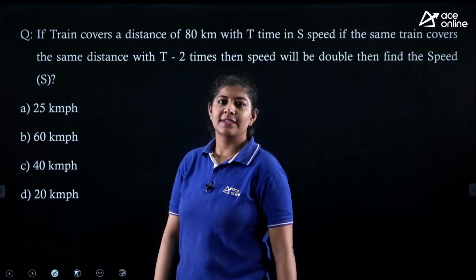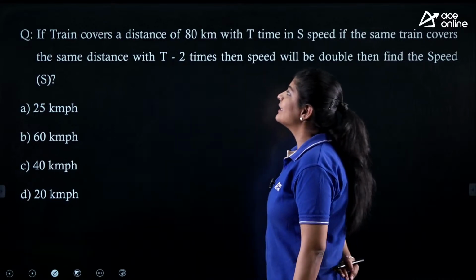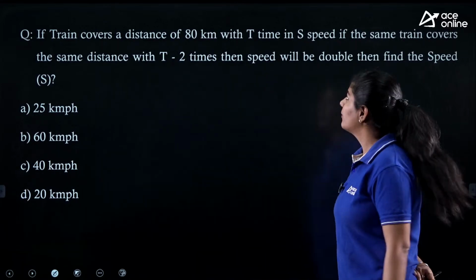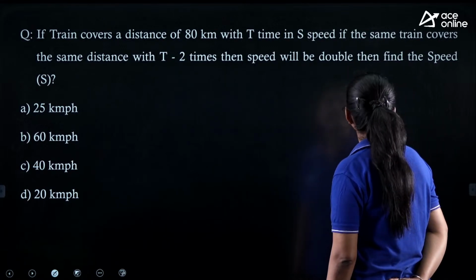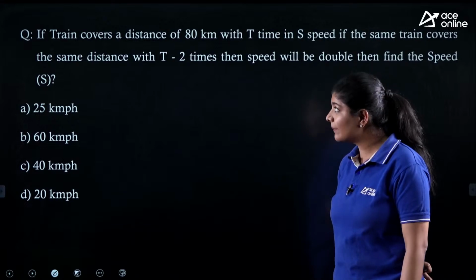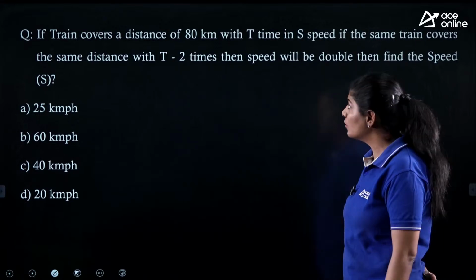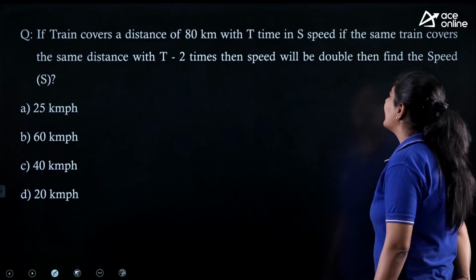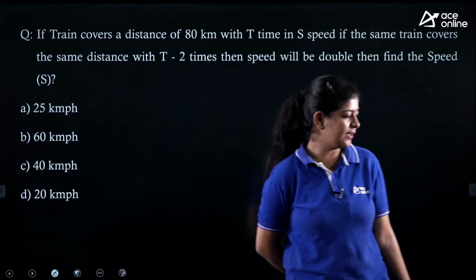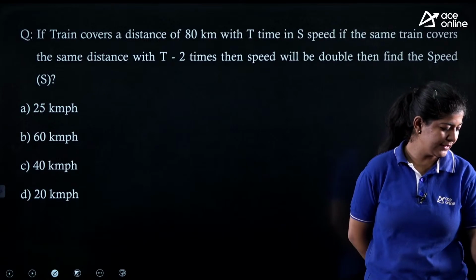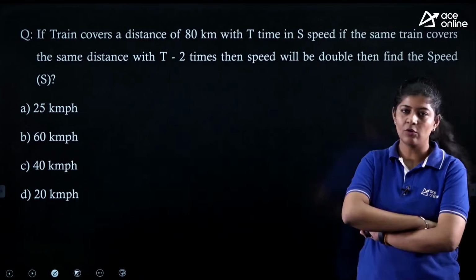The next question says that if a train covers a distance of 80 kilometers in time t at speed s, and the same train covers the same distance in t minus 2 time, then the speed will be double. Then find the speed s. What we need to do is simply find the value of s.